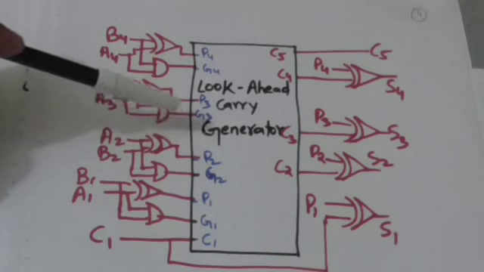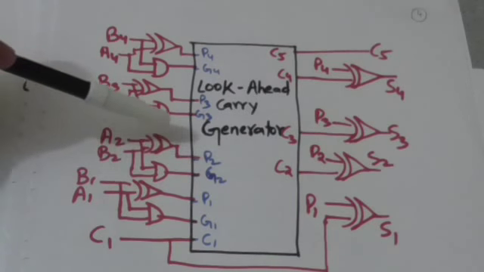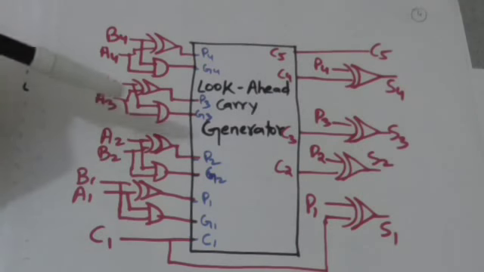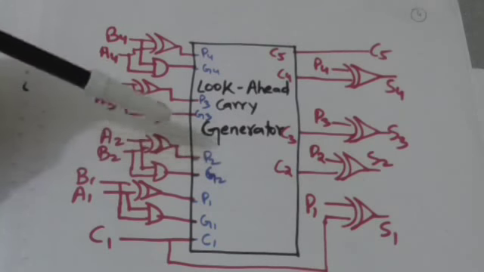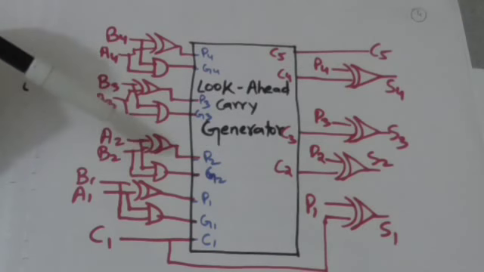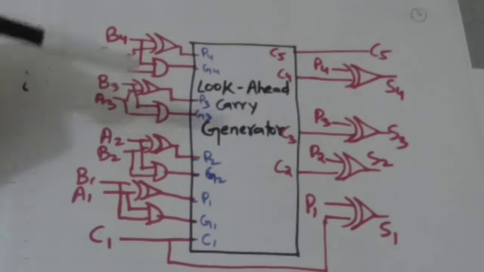Pi is the output of an exclusive OR gate whose inputs are the ith bits of binary numbers to be added, that is Ai and Bi. Gi is the output of an AND gate whose inputs are the ith bits of binary numbers to be added, that is Ai and Bi here, right?